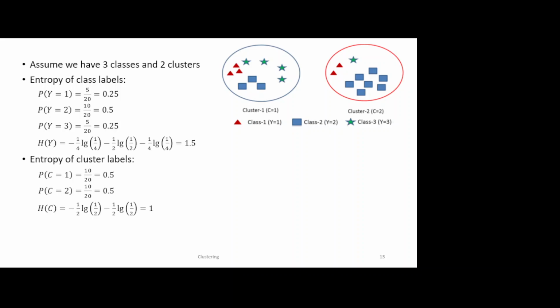So you just think of entropy as trying to encode the uncertainty of the distribution. If the entropy is high, it means its uncertainty is high, and you need more bits to encode this state.